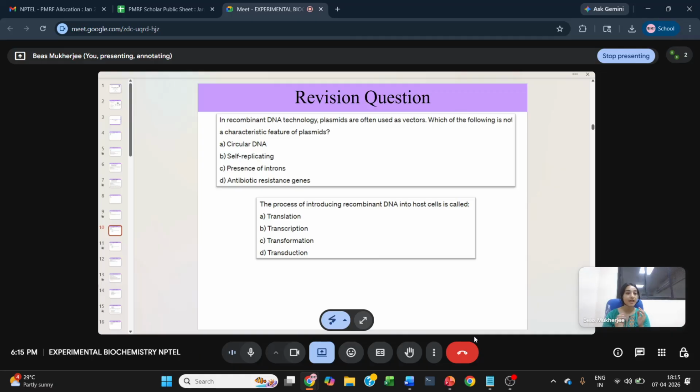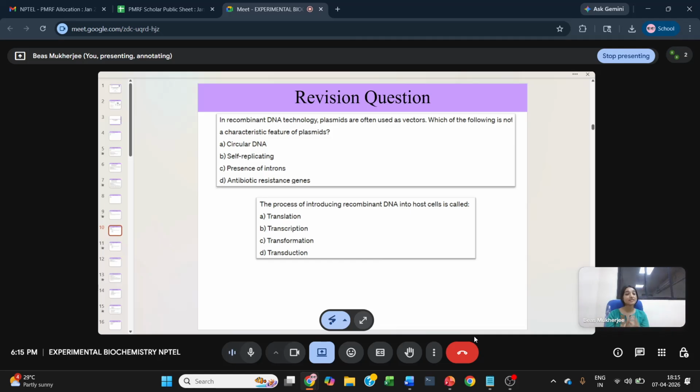Now, the characteristic of a plasmid is CCC, that is covalently closed circular, and it is supercoiled, right? So that means it is definitely circular DNA. It has to be self-replicating. It should contain an ORI site, right? And antibiotic resistance gene is one of the major properties.